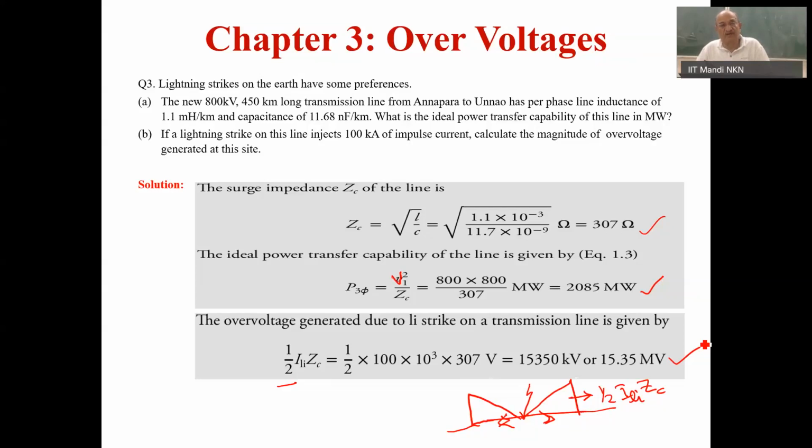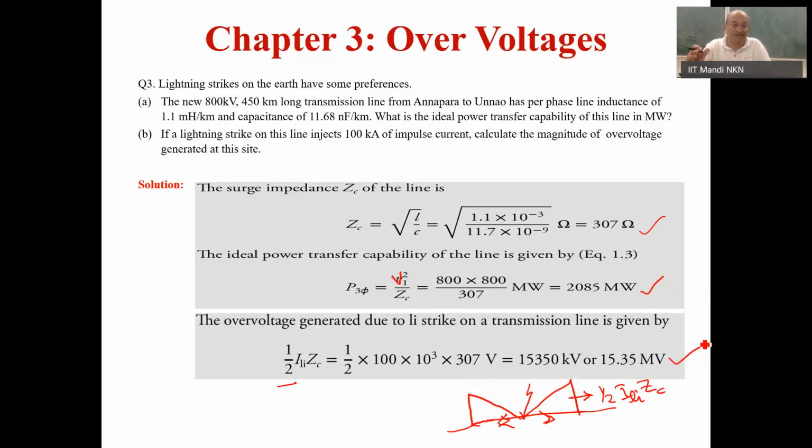So there is a flashover in air between the two electrodes, protecting the insulator string, and that grounds the overvoltage.